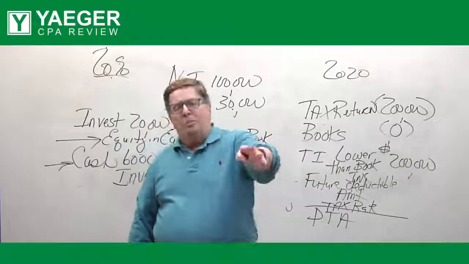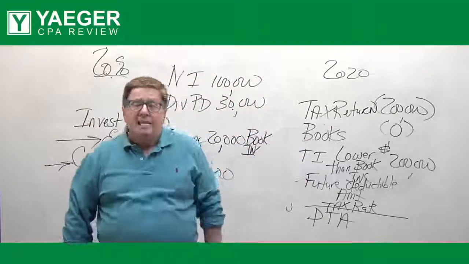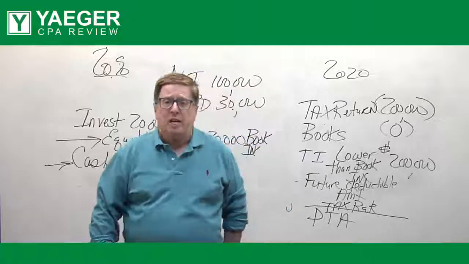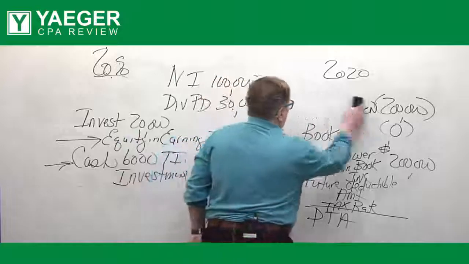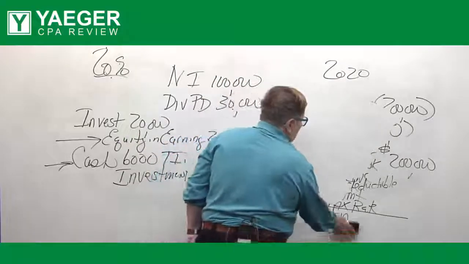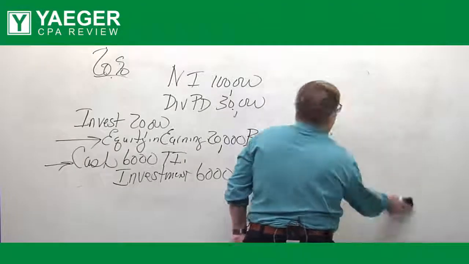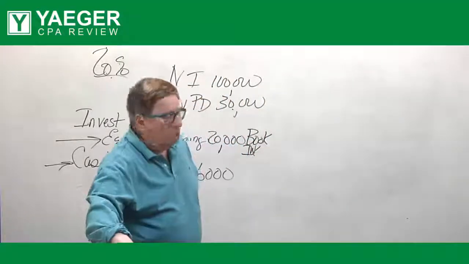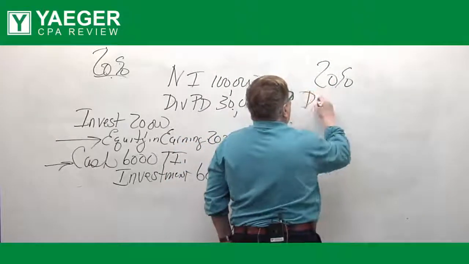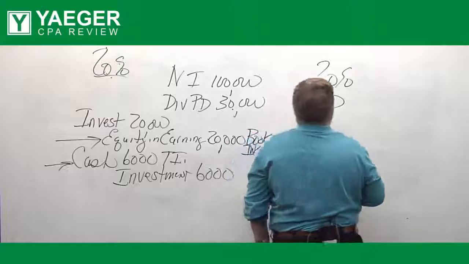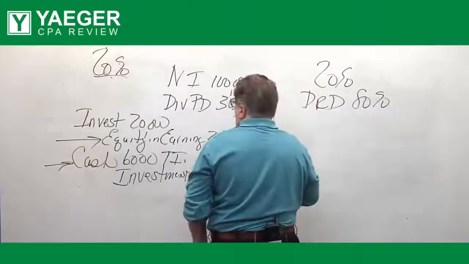But let's assume that if you own 20%, they tell you the dividend received deduction is 80%. That's not what the real rate is now under the Tax Cuts and Jobs Act. But you're not taking taxes here. You're taking financial accounting. So they'll tell you, based on 20% ownership in a company, what the dividend received deduction is. Let's assume it's 80%.